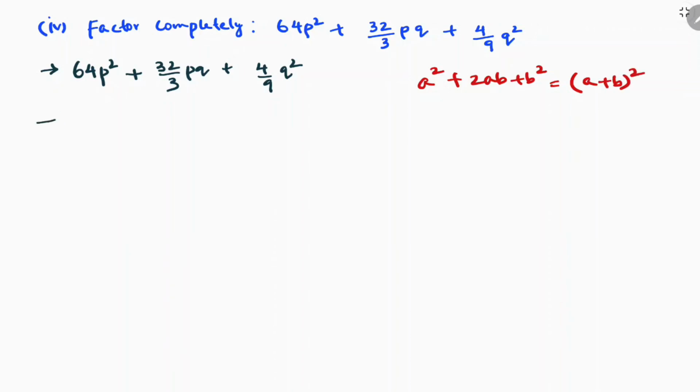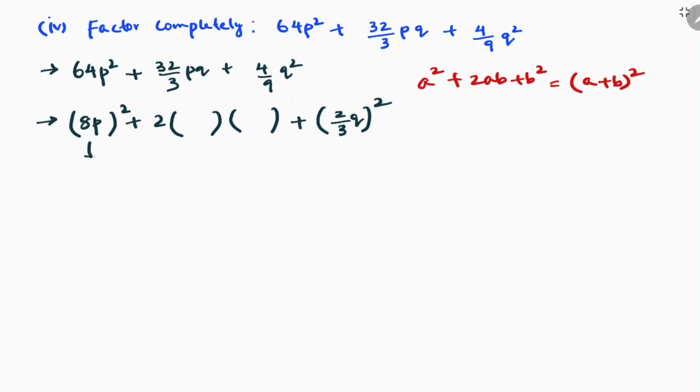So here, I'll first write a square plus 2ab plus b square. Here a is nothing but 8p, b is nothing but 2 by 3 q. So this is a and this is b.